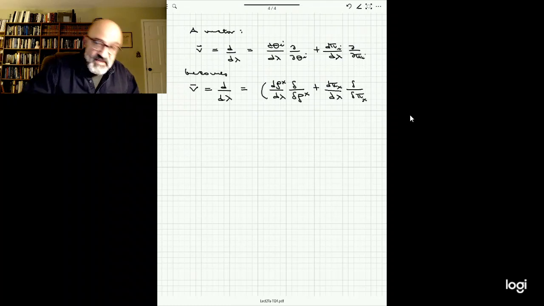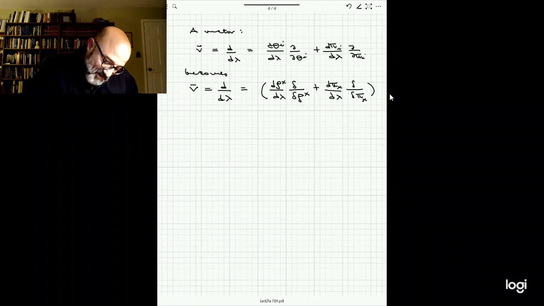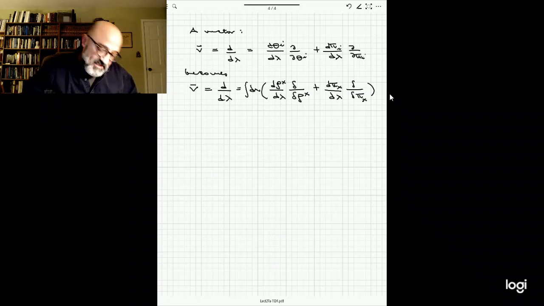And we can either use the convention of summing over the repeated indices, or we can just say, well, summation of the repeated indices now means you take an integration.